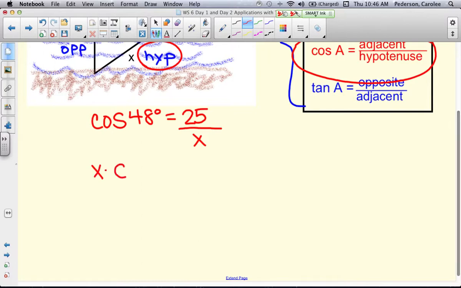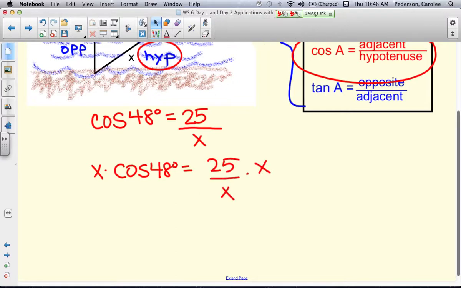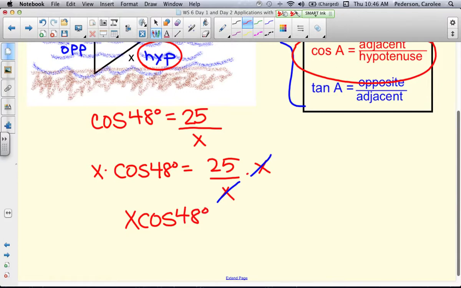So we have x times the cosine of 48 degrees, 25 over x, and then x. We multiply both sides by x. What will cancel out are these 2 x's. Then I'm just going to rewrite the equation and look to see what we want to reduce next to solve for x.